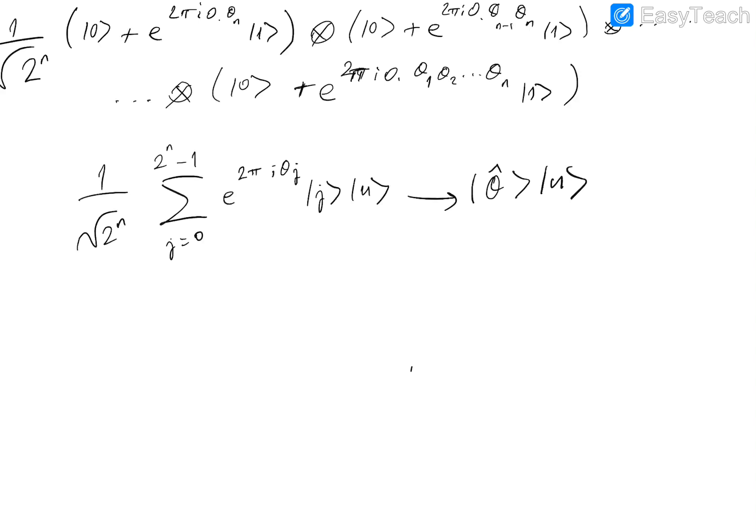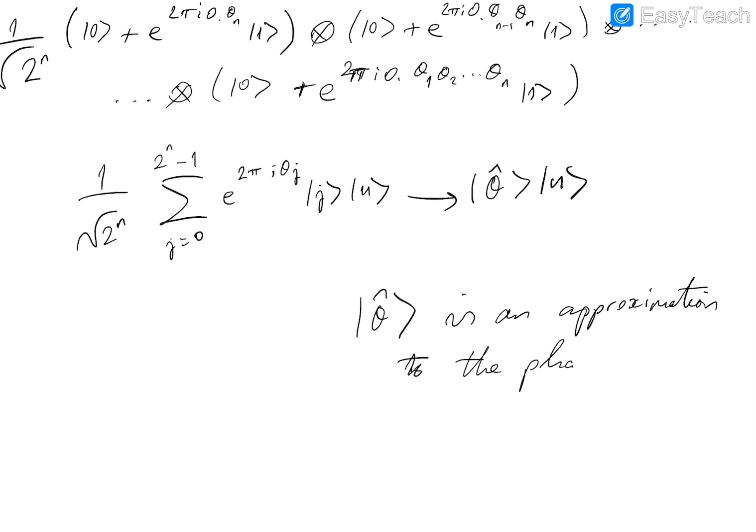Okay, so whenever we measure the first register after the transformation, we get to observe a state theta cap, which is an approximation of the phase value that we want to find, theta.